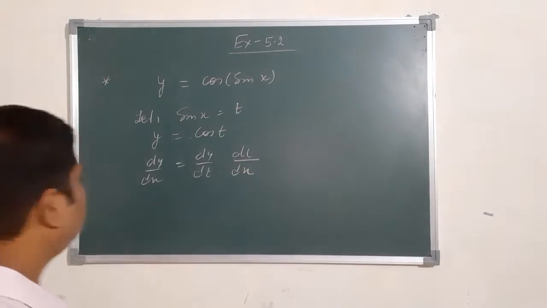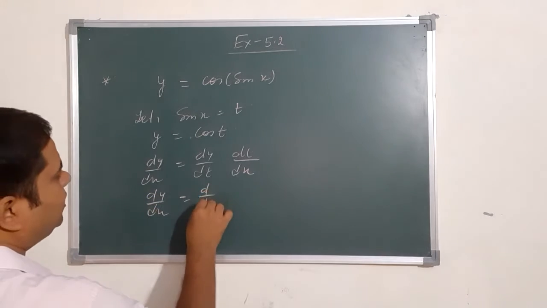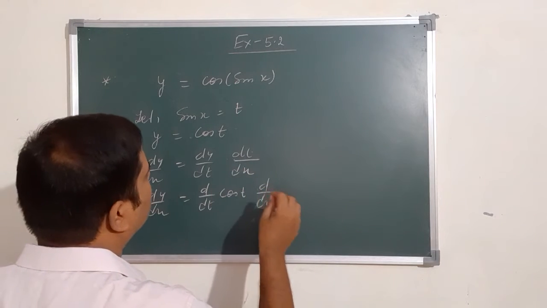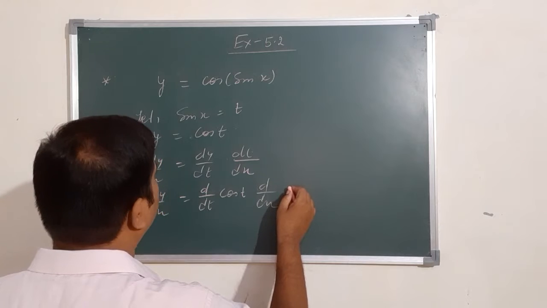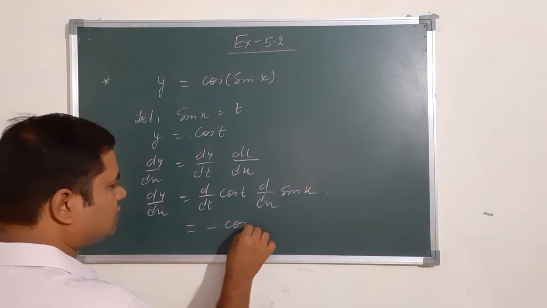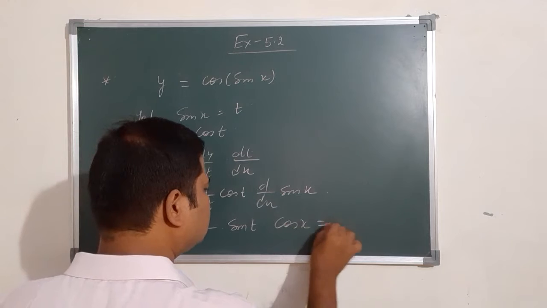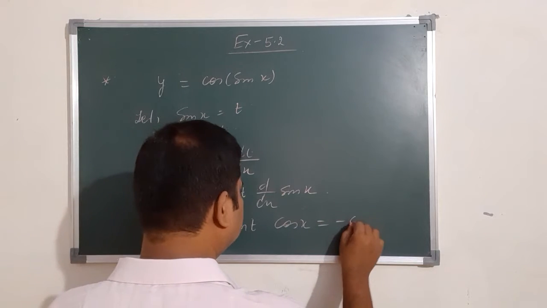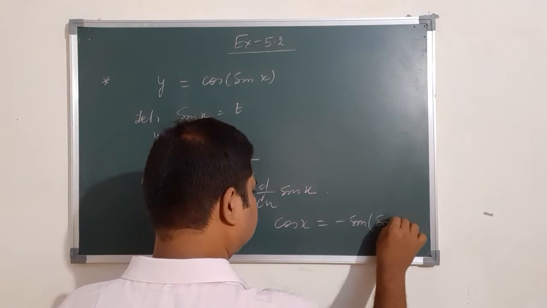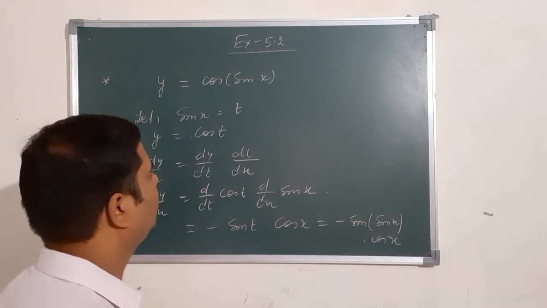So dy by dx is nothing but dy by dt of cos t and dt by dx of sin x, where t means sin x. So this is minus sin t, and this is cos x. So the answer is minus sin of sin x into cos x. So note it down.